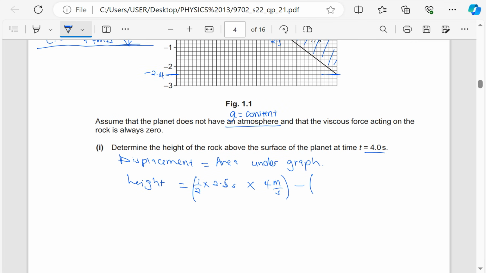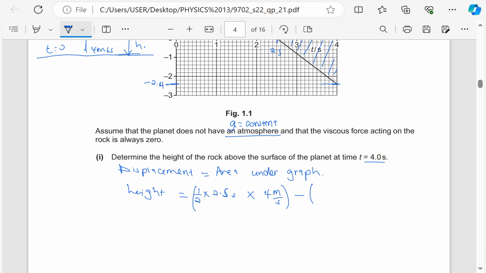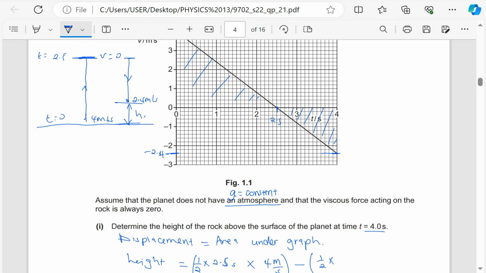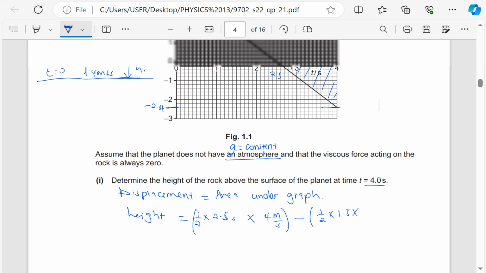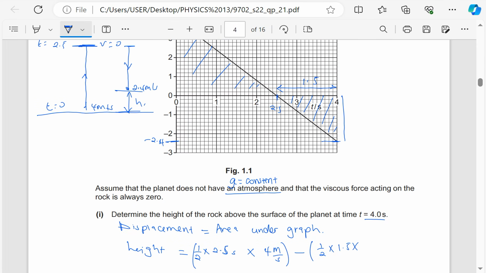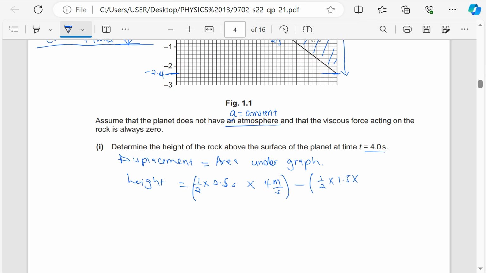The distance it falls downwards is also the area of a triangle, which is a half times the base. This distance here is 4 minus 2.5, which is 1.5, times this distance here, which is actually 2.5. But remember, this was seconds.